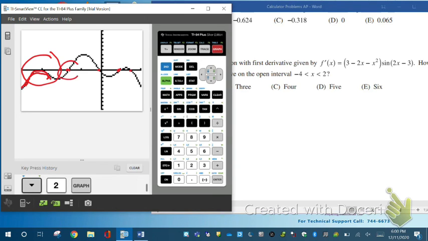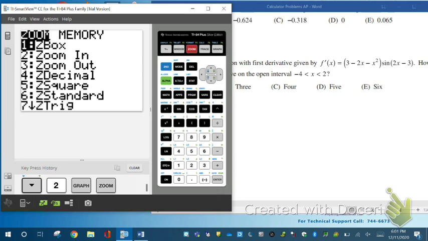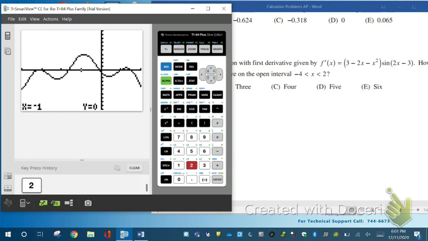So right now we know we have 1, 2, 3, 4, and this is all that's in question. So we're going to zoom in on that spot right there. To zoom in on that spot, you're going to hit zoom 2, that's zoom in. Then move your cursor over to that spot. Arrow on over.